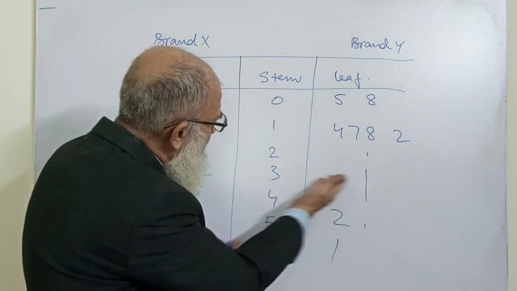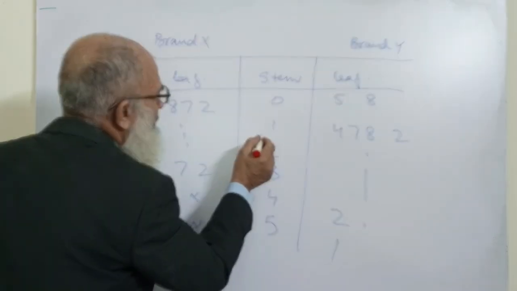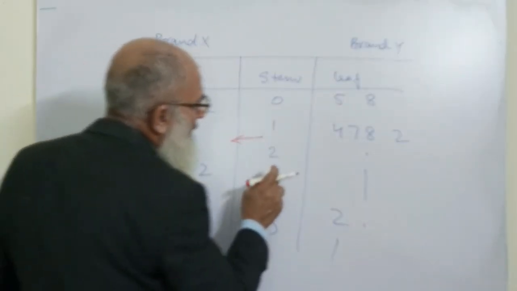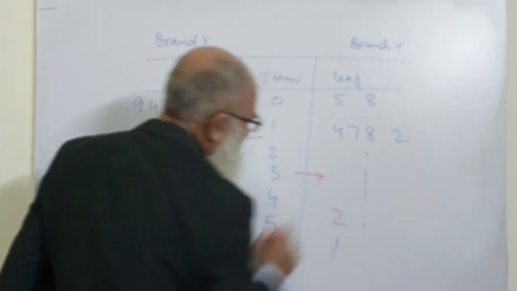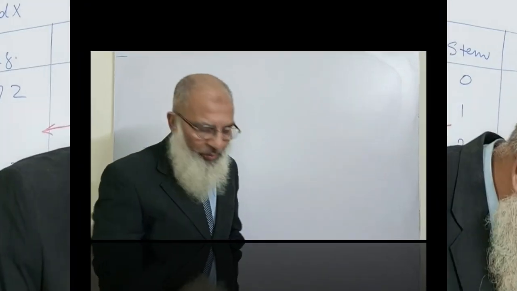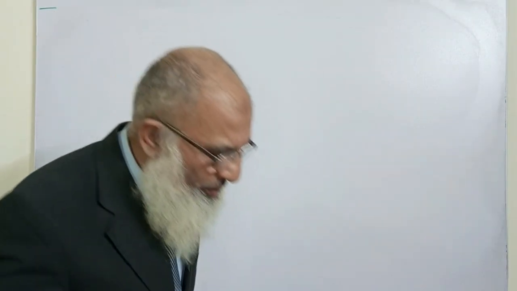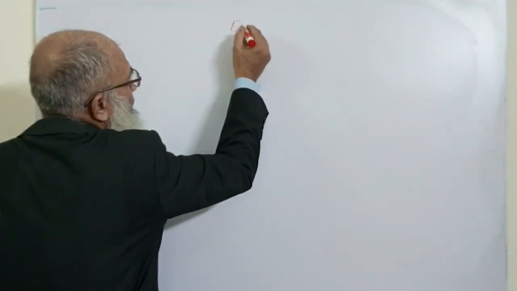For one brand, you will read from this side to this side, and for the other brand, you will read from the other side. So it was very simple. Now, my dear students, let me start exercise 4.4.